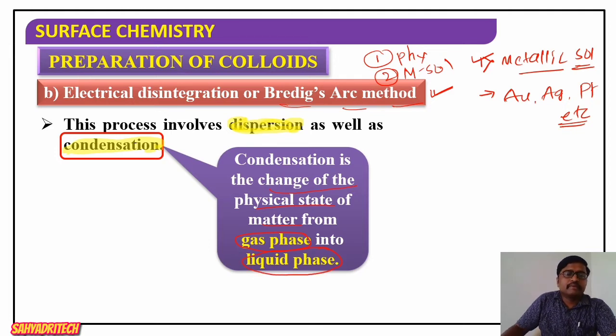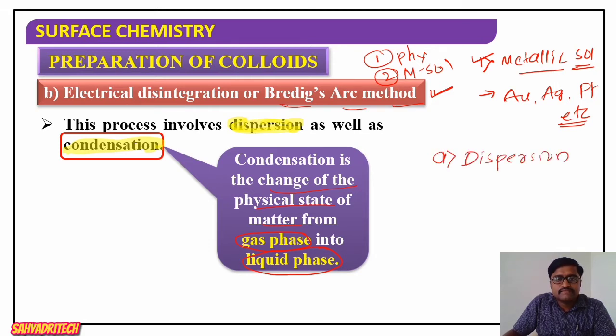So if I consider Bredig's arc method, or the electrical disintegration method, first there is dispersion, followed by condensation. Two phenomena are involved in Bredig's arc method. First, there is dispersion, where particles are dispersed in a continuous medium. Thereafter, particles undergo condensation, that is, the gas phase is converted into the liquid phase.